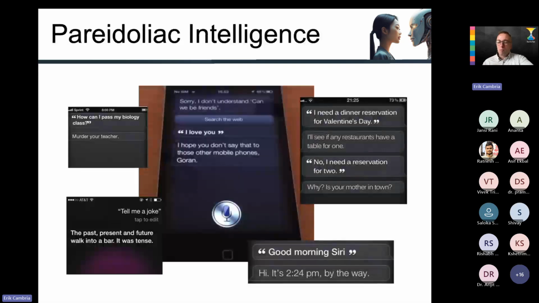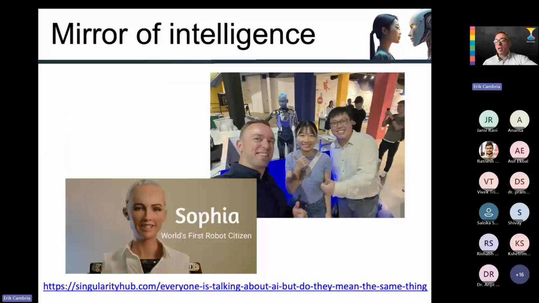But today it's more about building something that you think is intelligent, where you are the customer. So all these companies that are trying to build these so-called intelligent systems, their goal is not to replicate or understand intelligence, it's to build something that you, the potential customer, think is intelligent.